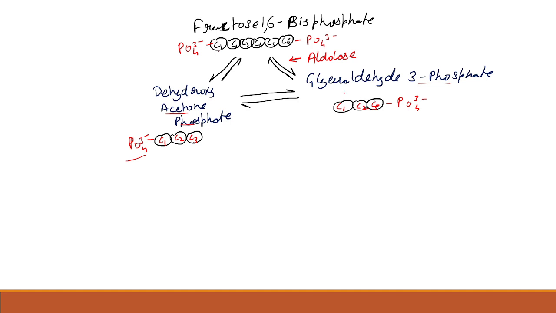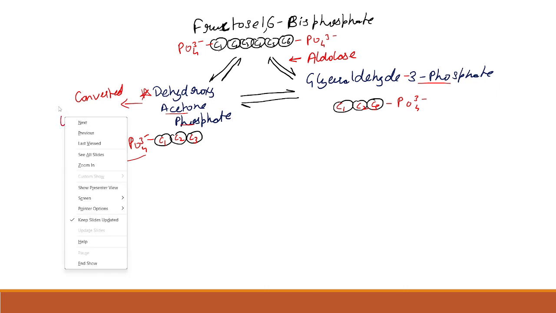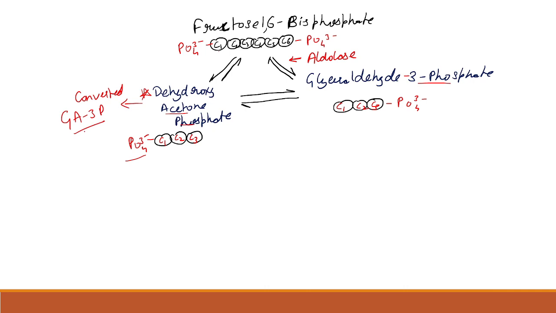Dihydroxyacetone phosphate gets converted into glyceraldehyde 3-phosphate. Most of the dihydroxyacetone phosphate gets converted into glyceraldehyde 3-phosphate; I am writing this in shortcut. So first dihydroxyacetone phosphate changes into glyceraldehyde 3-phosphate, and only then do the further steps go on, right?